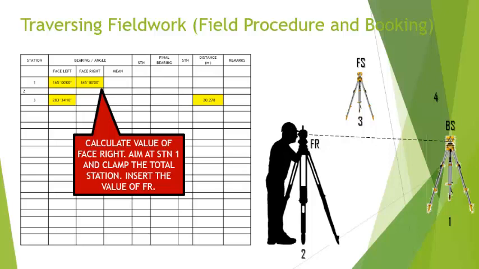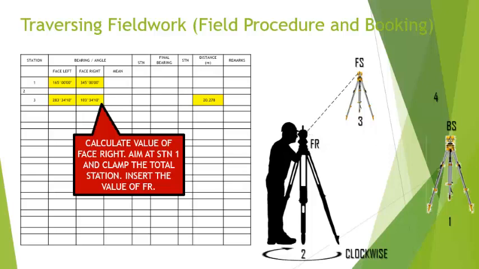Similar to the face left shown previously, aim at the backside prism, align the crosshair to the prism arrow using the slow motion screw, set the value, and release the lock. Next, turn it clockwise, aim at the foresight station, and record the value of bearing and horizontal distance.